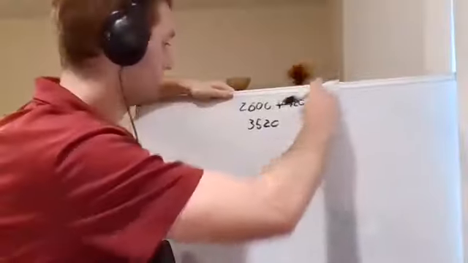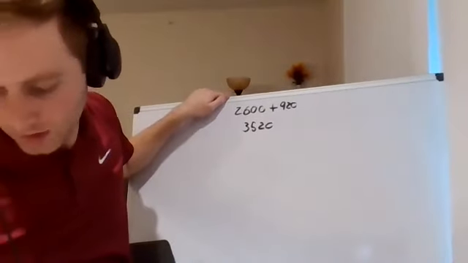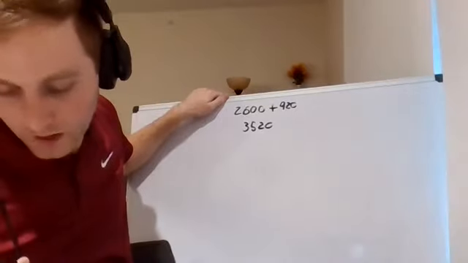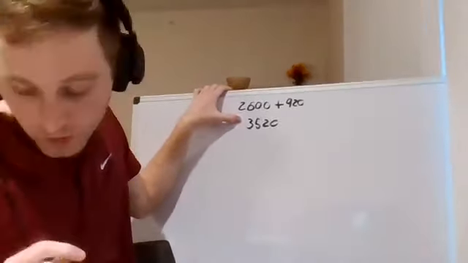Can everybody see that okay? Yes. 3,520. Now, again, everything on the balance sheet is based off total assets, which is what we just found here at 3,520.